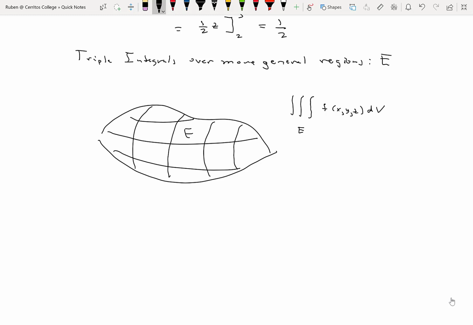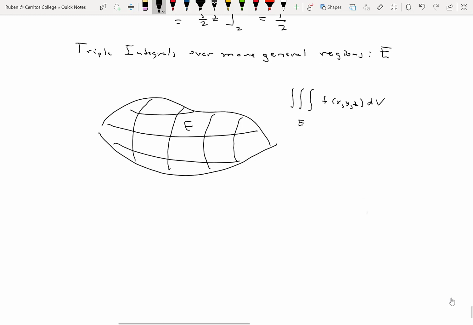Just as in the double integral case, when we move from double integrating over rectangles to more general regions, we lose Fubini's theorem. We lose the ability to convert the double integral into a doubly iterated integral. We lose that same thing when we start integrating over non-rectangular or non-box-shaped regions.